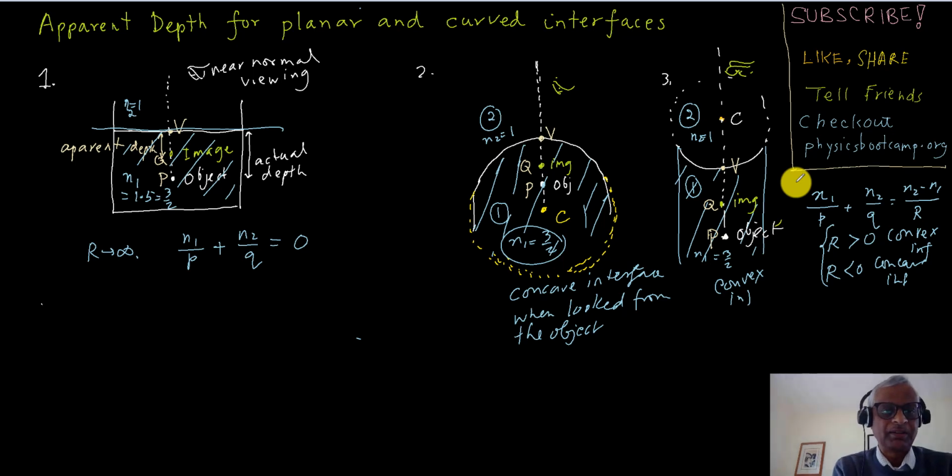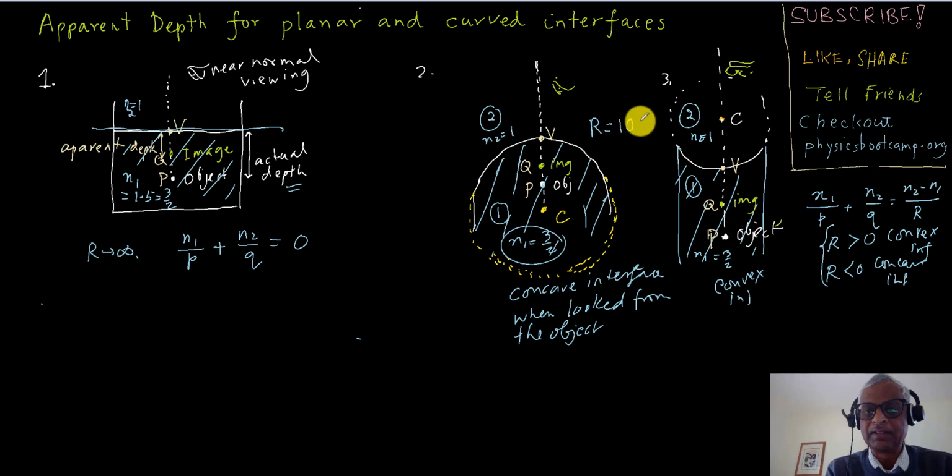Over here, all we need to know is q. I'll just take p as the object distance. In all of this, let's just pick a number. But here we'll need r.